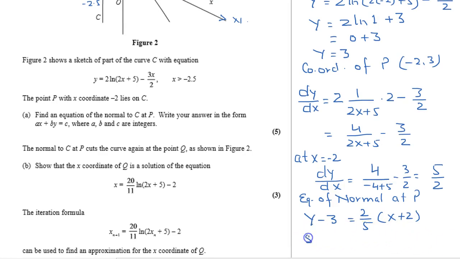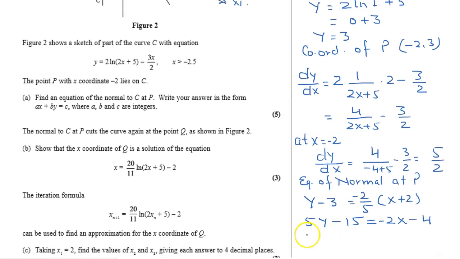So this is 5y minus 15, this is negative, so negative 2x, negative 4. So 2x plus 5y minus 15 plus 4, which is minus 11, is equal to 0. So this is the equation of normal at P.